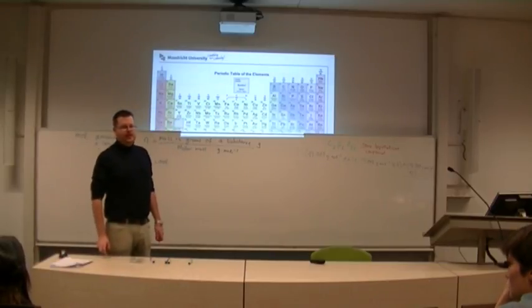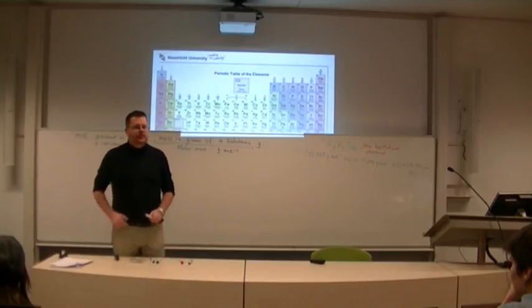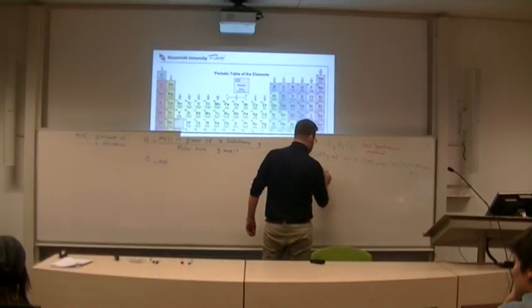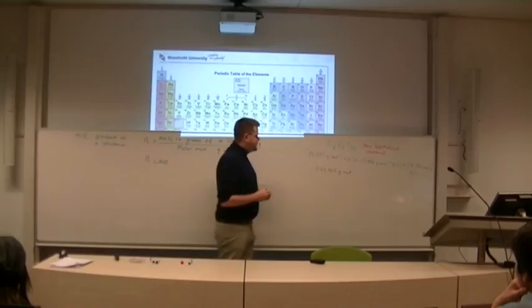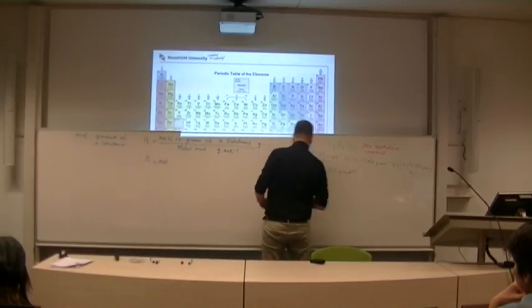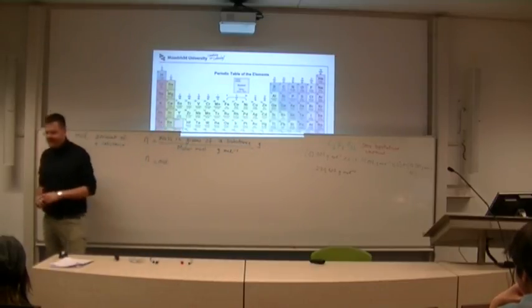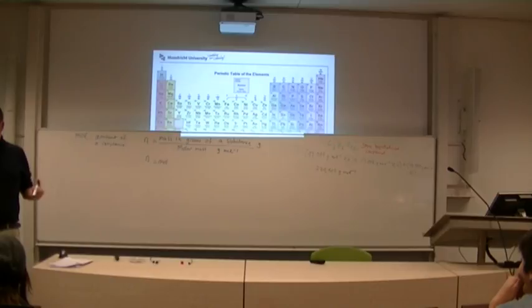Someone is calculating it for us. 270.102. All right. So that's the molecular weight, grams per mole. So if I have 3 grams of the substance, how many moles do I have? 3 divided by that value, moles.